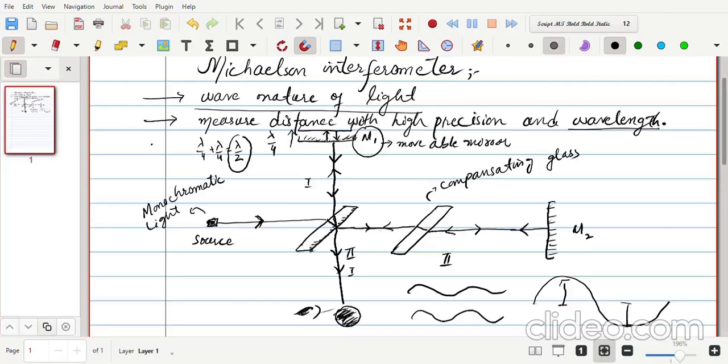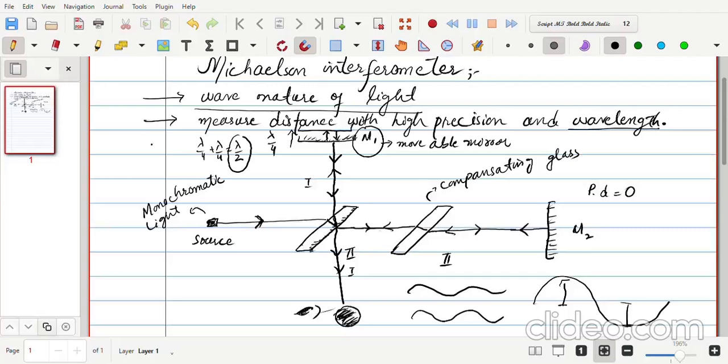First we observe that the path difference is 0, which means the distance from the partially reflective mirror to M1 and to M2 are the same.